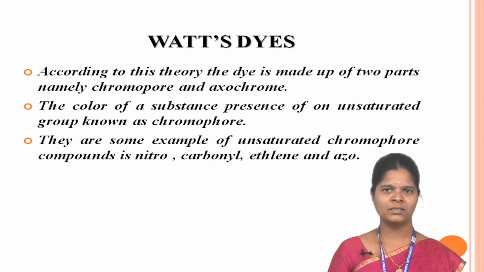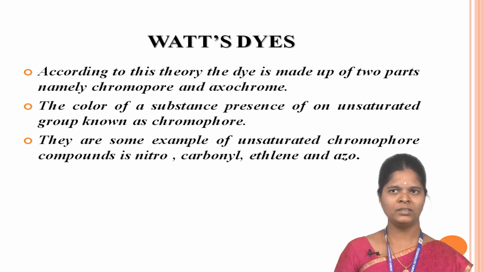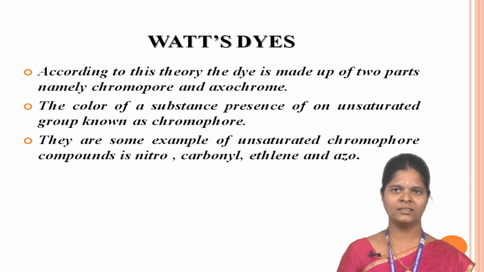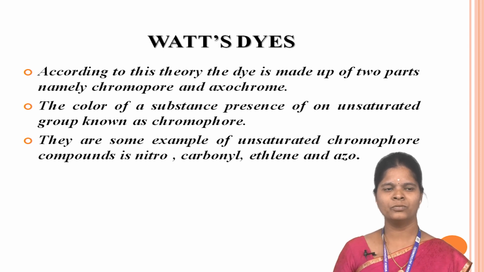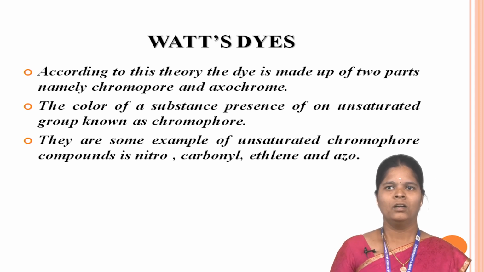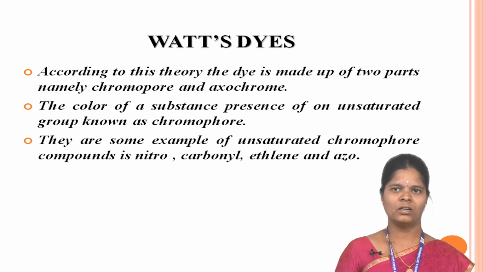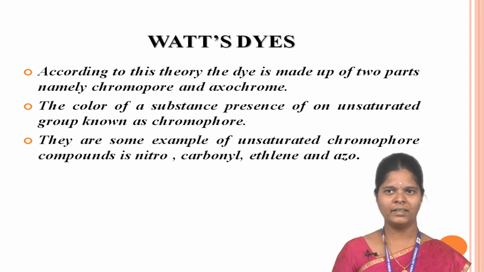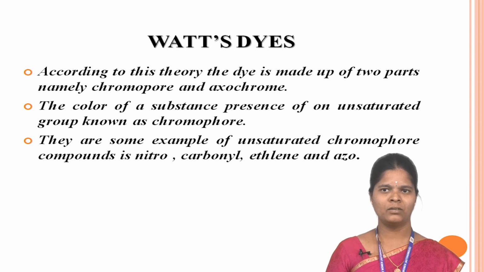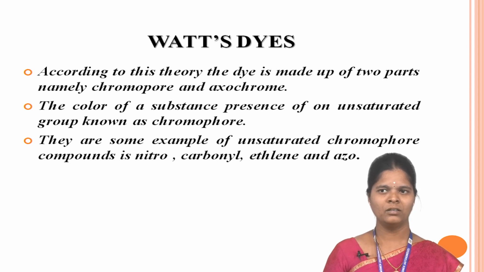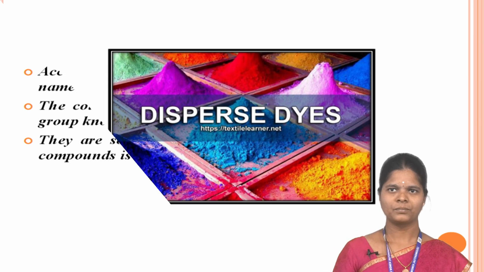Two types of auxochromes are there: one is acidic in nature, for example hydroxyl, carboxylic acid and sulfonate, and the other is basic in nature, which are amine groups.